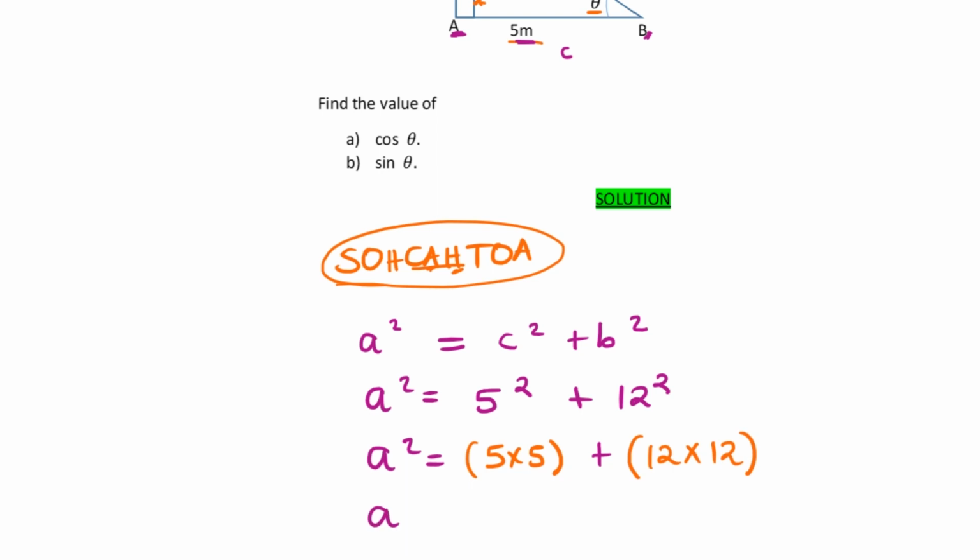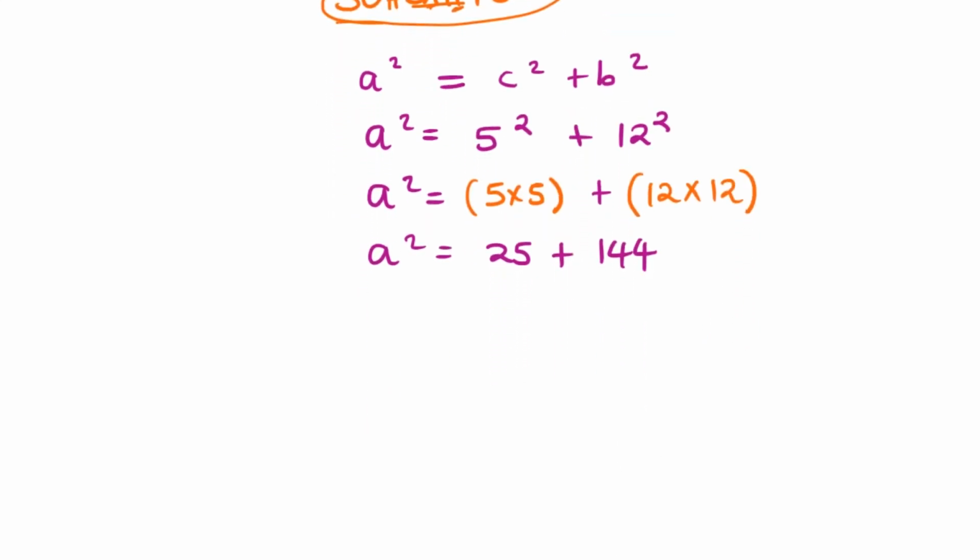We can have a squared is equal to 25. 5 times 5 is 25 plus 144. 12 squared is 144. Then we can continue. We can have a squared is equal to 25 plus 144 is 169. Then we take the square roots.